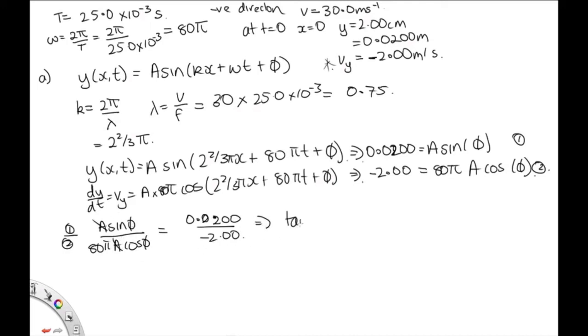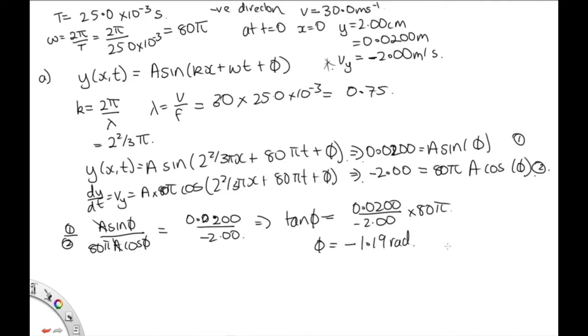So we have tan phi is equal to 0.0200 over minus 2.00 times 80 pi. And solving that on the calculator for inverse tan, we end up with phi is equal to minus 1.19 radians.